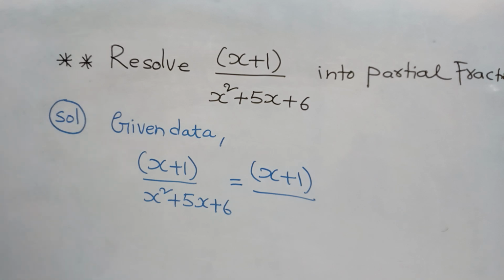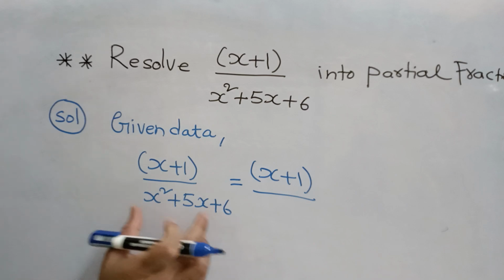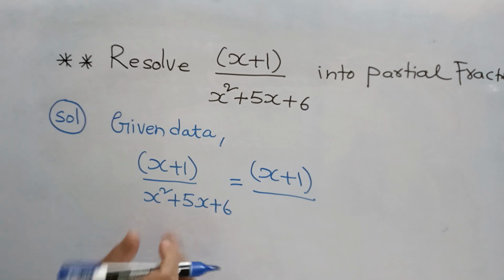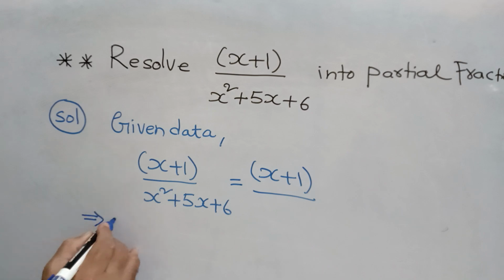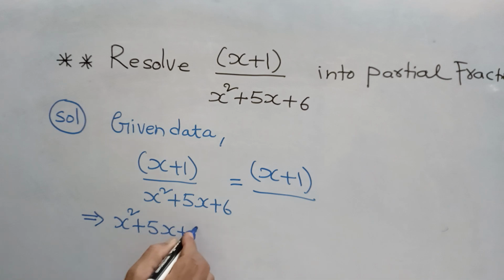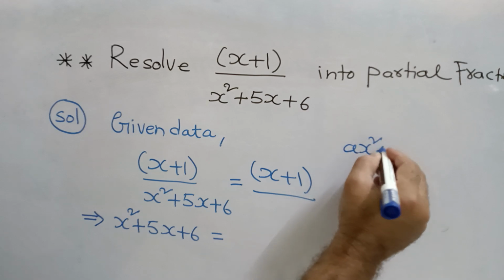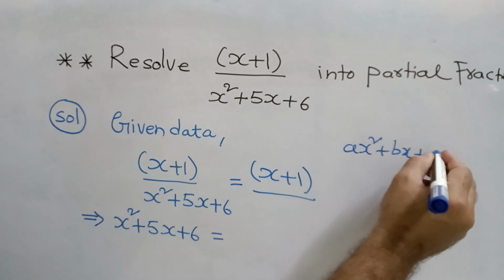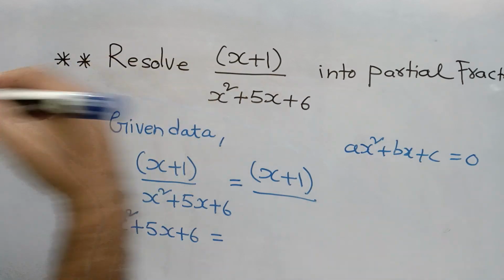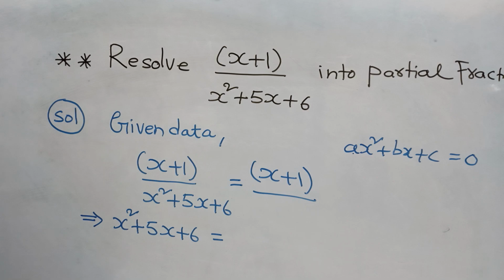So the simple method is to find the roots of this equation. How? We already know that. If you compare x square plus 5x plus 6 with ax square plus bx plus c equal to 0, this is the standard expression, is it not?